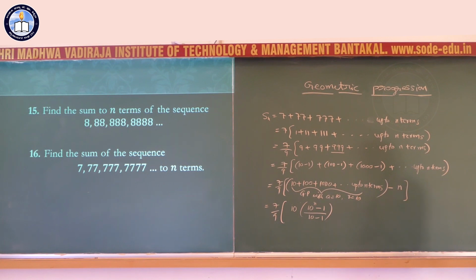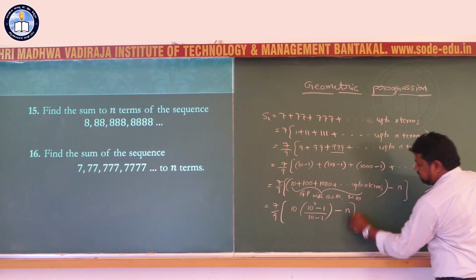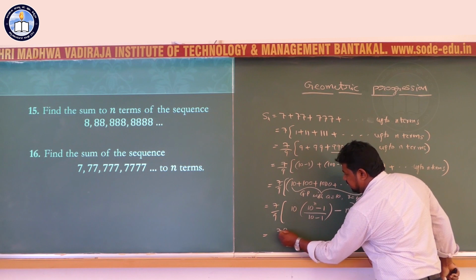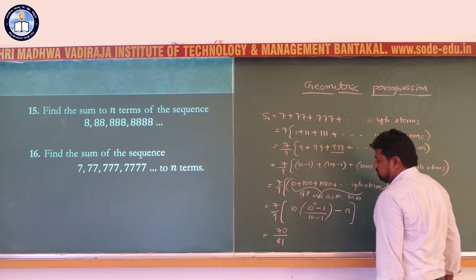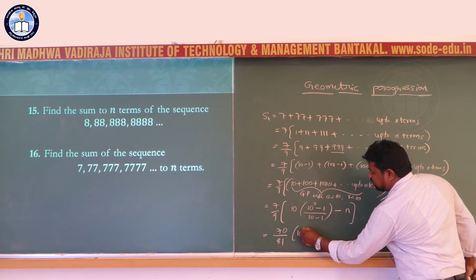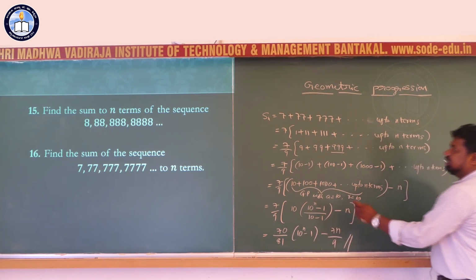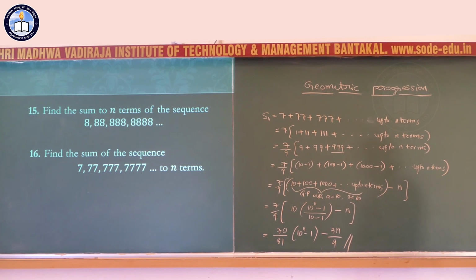Sum of first n terms of the geometric progression for r greater than 1, a into r power n minus 1 divided by r minus 1, minus n. Simplify, that is equal to 70 by 81 into 10 power n minus 1 minus 7n by 9. That is the sum of first n terms of the given sequence.